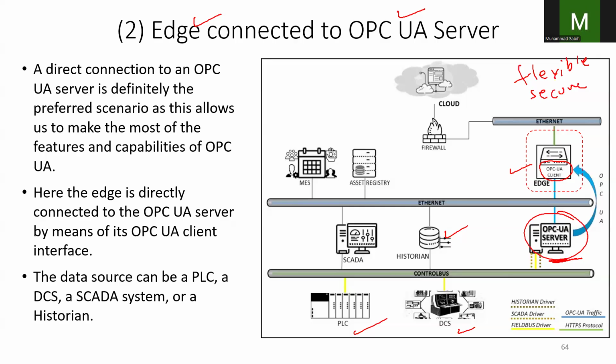It is important to note that this direct connection simplifies the architecture, and it is preferred. And it is also cost effective. It also removes the need for protocol conversion and additional converters.